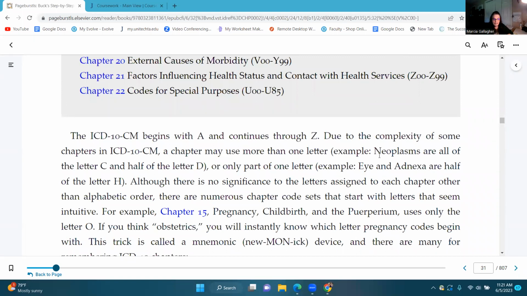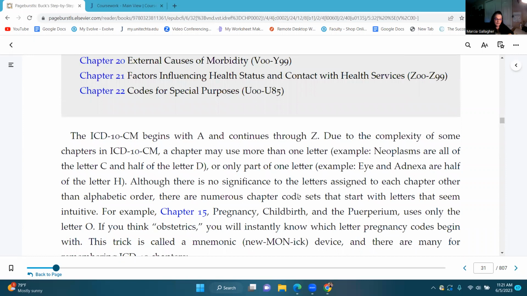For example, neoplasms are all of the letter C and half of the letter D, or only part of one letter. For example, eye and adnexa are half of the letter H. So a diagnosis range can take more than one letter. I hope that makes sense.